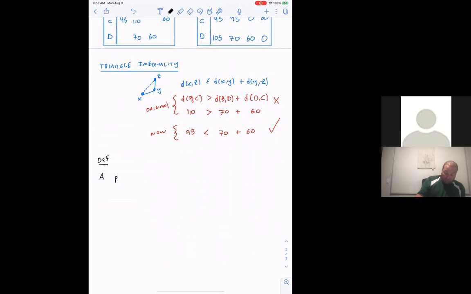A path is a walk which does not repeat any vertices. So we know that a trail was a walk that does not repeat any edges. A path is a walk which does not repeat any vertices.